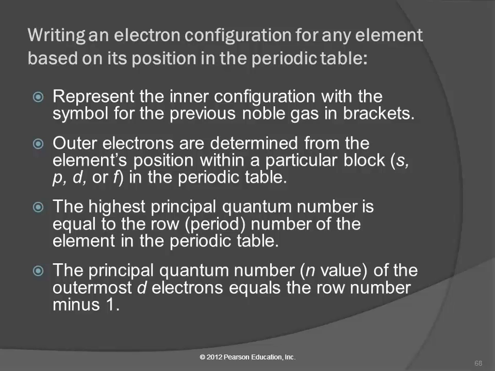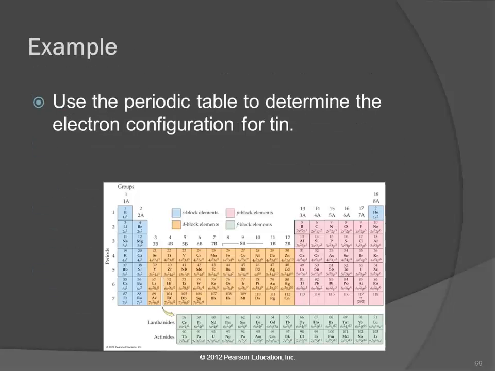The highest principal quantum number is equal to the row, the period number, and those d electrons are going to be the row number minus 1. So let's determine the electron configuration for tin. Well, first we have to remember what's the element symbol for tin? Sn. Okay, so then we need to go find Sn in this table.